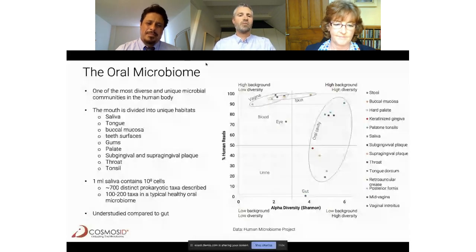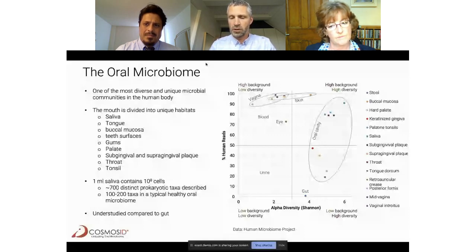The oral microbiome is one of the most diverse and unique microbial communities in the human body. In fact, the Cosmos ID R&D team makes significant efforts to optimize both sequencing and analytical methods for different specimen types and body sites. And as you can see here on the right-hand side, a chart that shows microbiomes from different body sites based on their alpha diversity on the x-axis, so alpha diversity or species richness, and on the y-axis, the expected background of human DNA.